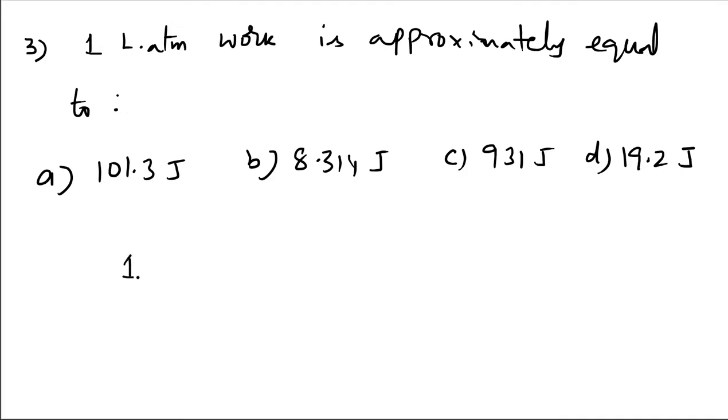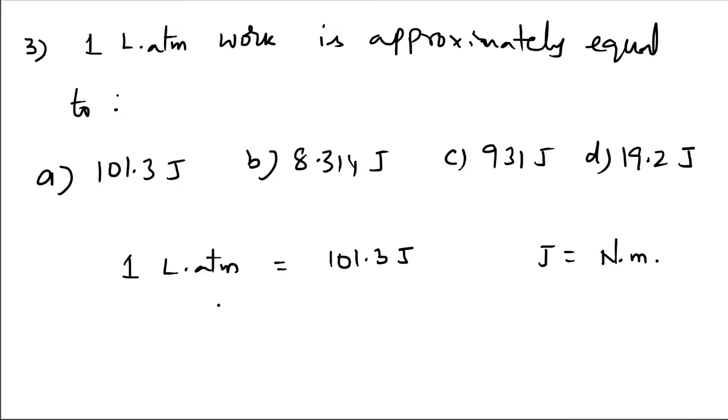So how do we do that? 1 liter atmosphere is equal to 101.3 joules. What is the unit of joules? Joule is equal to Newton meter. And this liter atmosphere we must express in Newton meter. How do we do that? Here we need to do a kind of conversion.